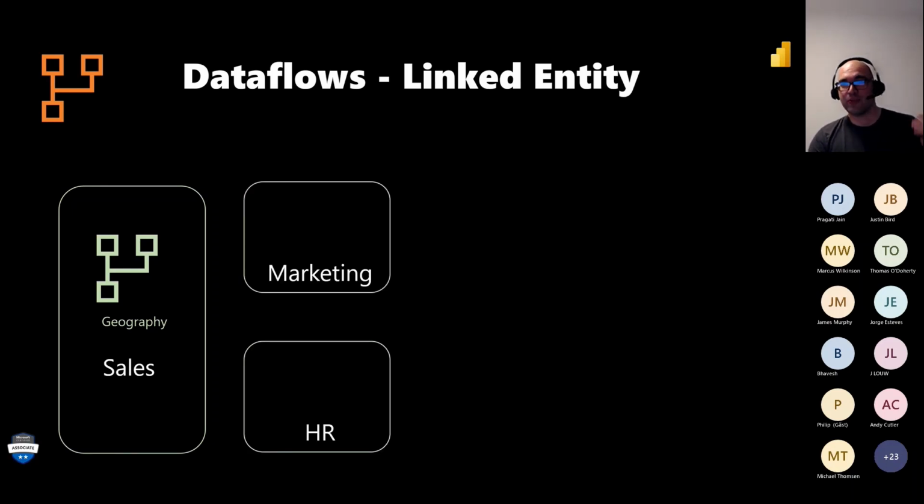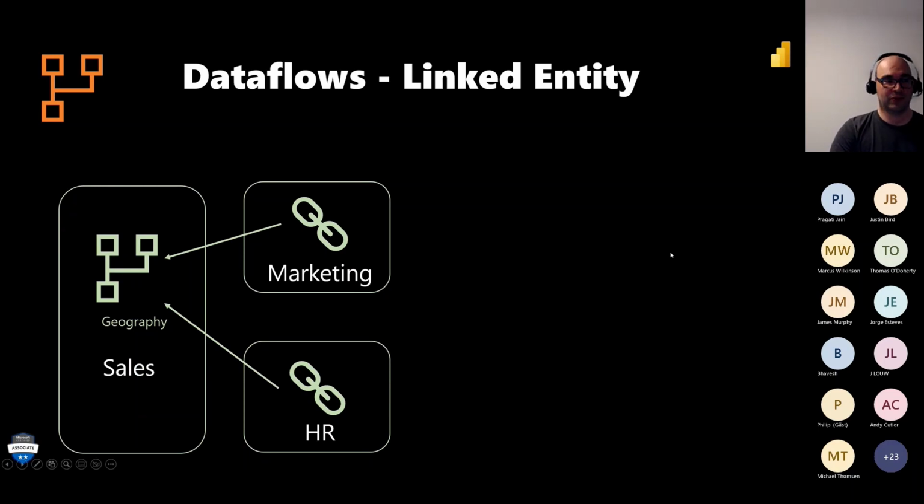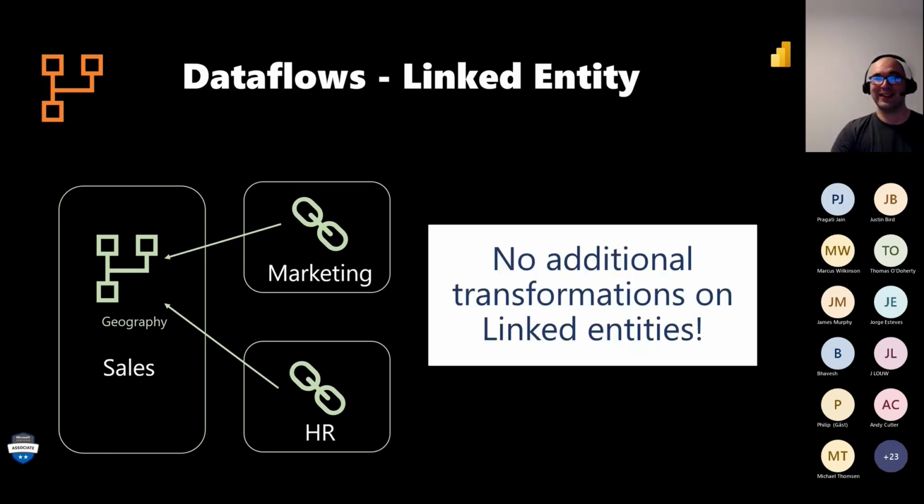So instead of creating the very same entity in each of these departments, I can simply use a copy of this existing entity, or just link to it from the current dataflow. Because I'm just using a link to this entity and not physically creating a new instance of it, I can't apply any additional transformation steps on top of this linked entity. So it's a one-to-one copy. That's it.